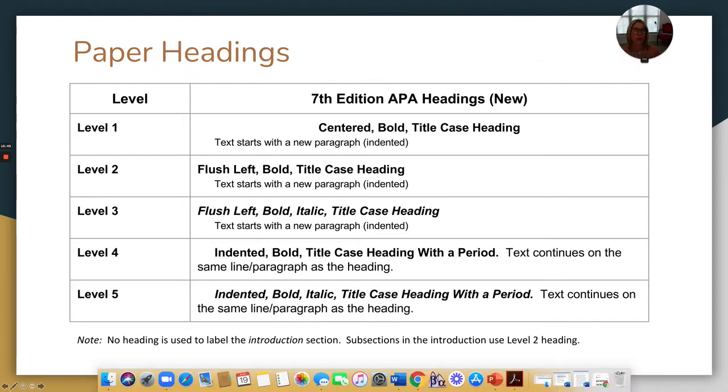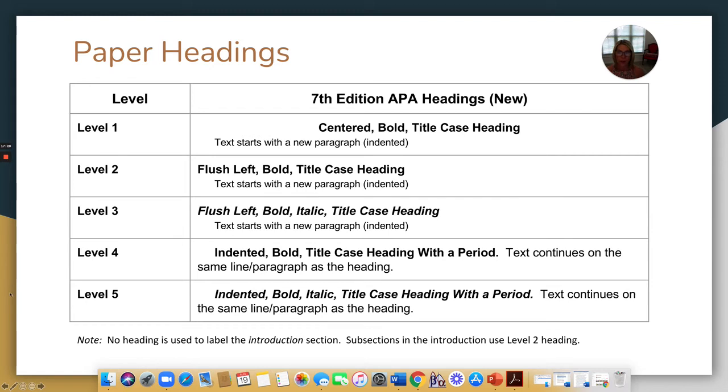And so when you use headings in your paper, and this you're going to see more common in research papers, these are the different levels of headings that you can use, and the table is here. Level 1, it's going to be center, bold, title case heading, and then the text starts with an indented paragraph. And then you can see how, I'm not going to go through each one, but with each level of heading, you're going to see it's a little bit different.